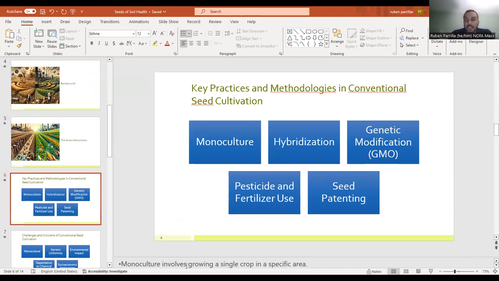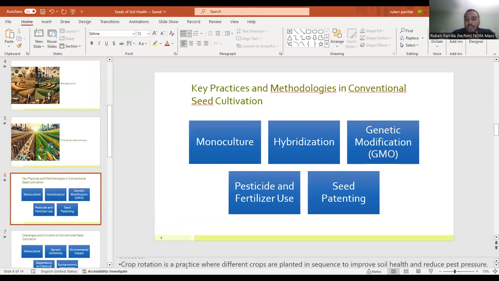Monocultures do exist in conventional seed saving, where a single crop in a specific area is grown over time. And while it simplifies management, it can lead to loss of biodiversity and increased susceptibility to pests and diseases.